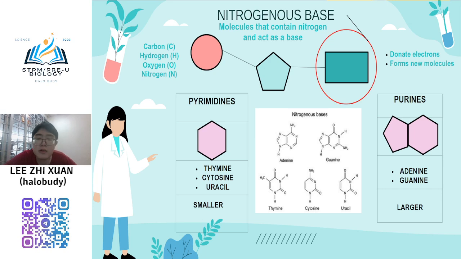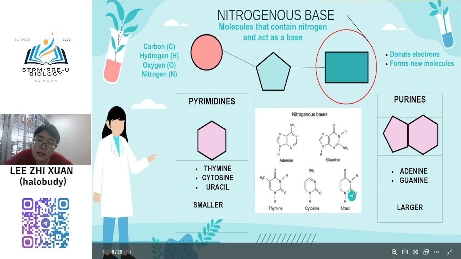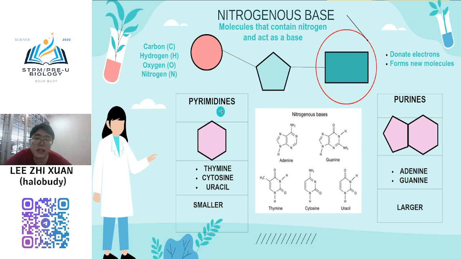Another very important thing: the nitrogenous base. As I mentioned before, we have five types of nitrogenous base: adenine, guanine, thymine, cytosine, and uracil. There are two main classes of nitrogenous base, pyrimidine and purine.